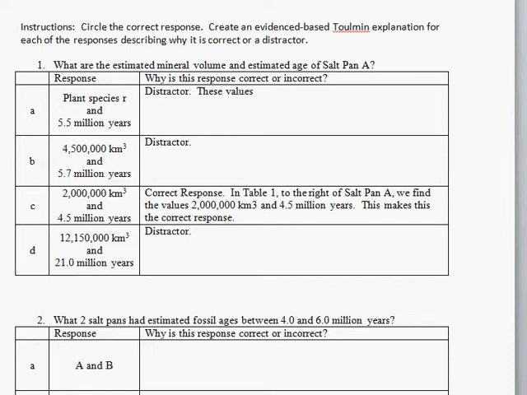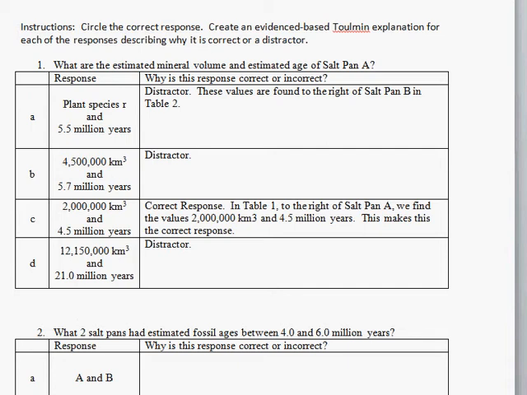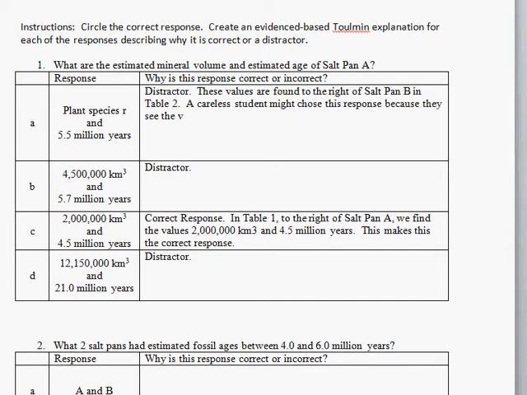These values are found to the right of salt pan B in table 2. A careless student might choose this response because they see the values in the passage.